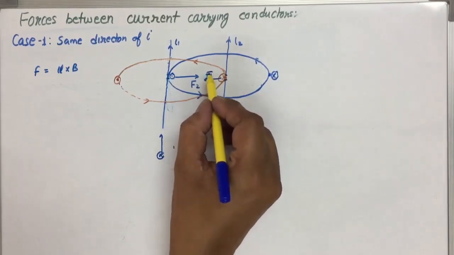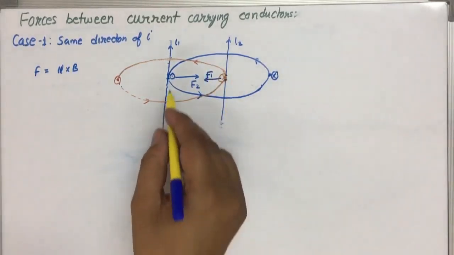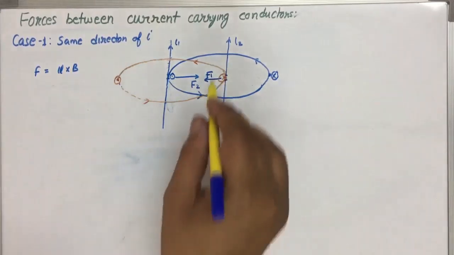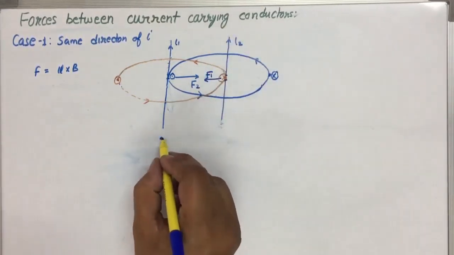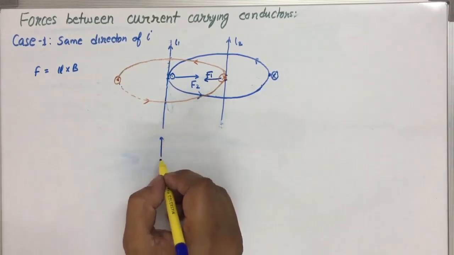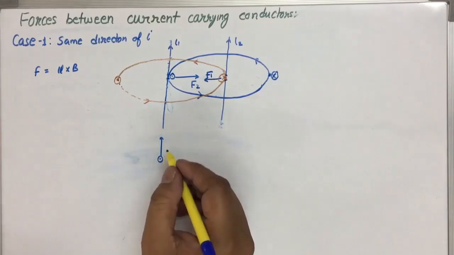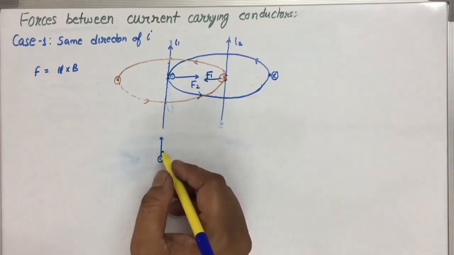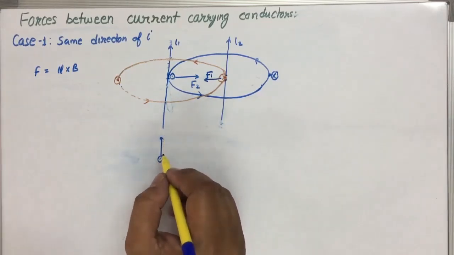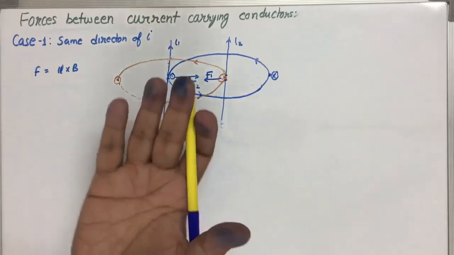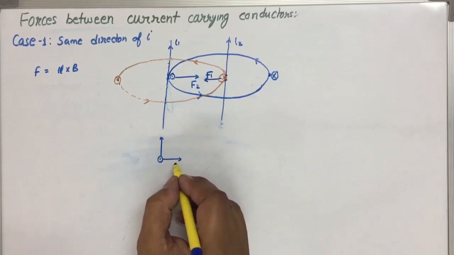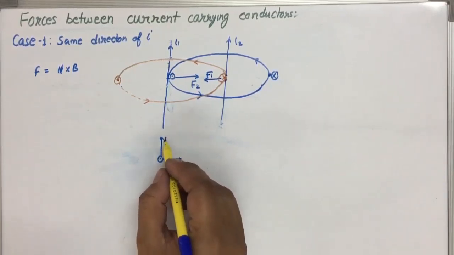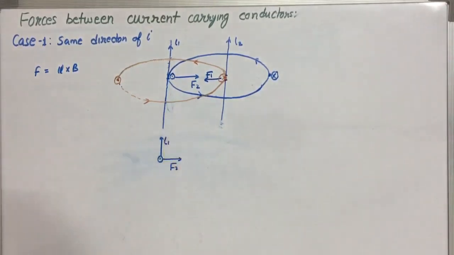That is due to the current 1. So at this point, due to this current, we have current I, and the field is downward, the current is I, so the force will be here. So this will be F2 when the current is I1.